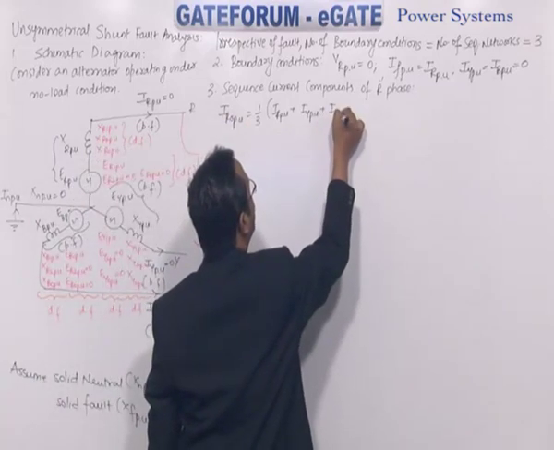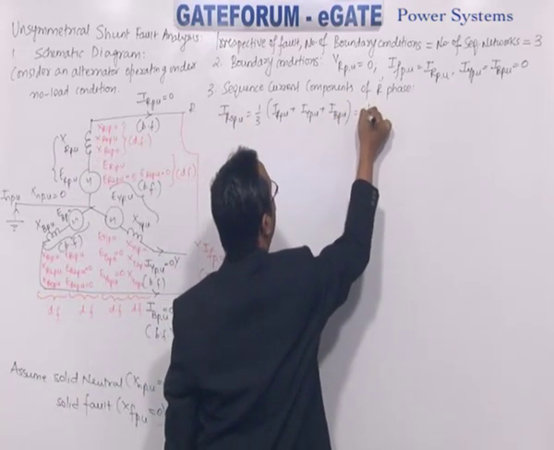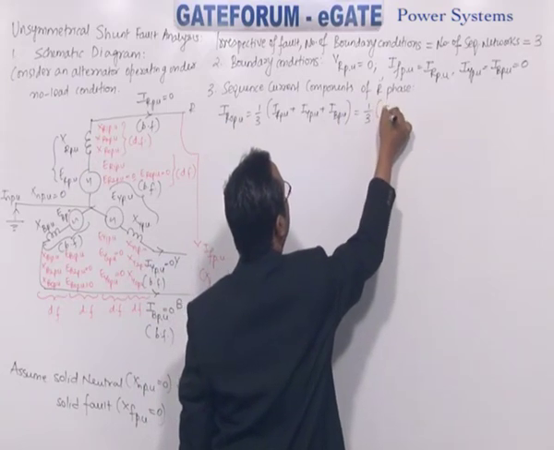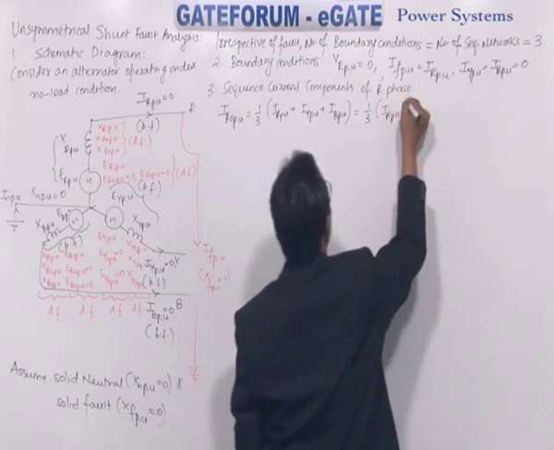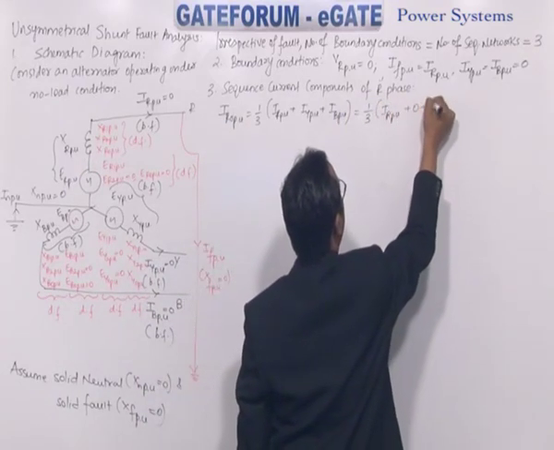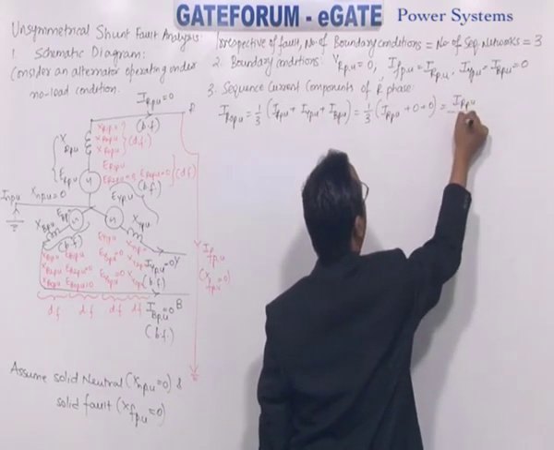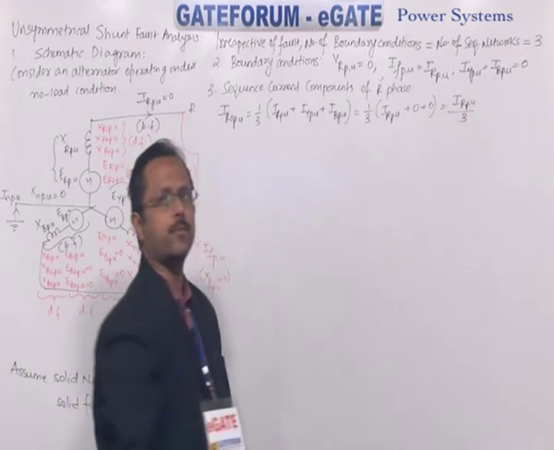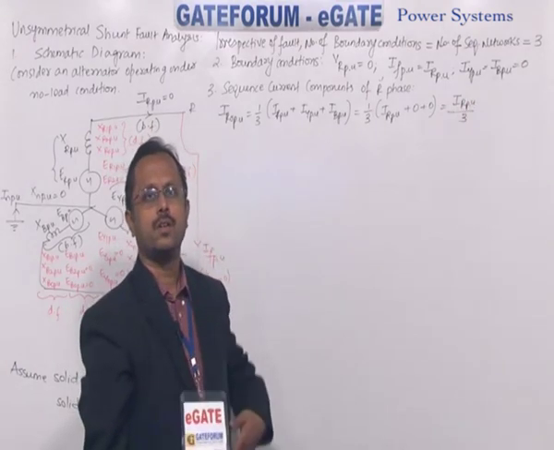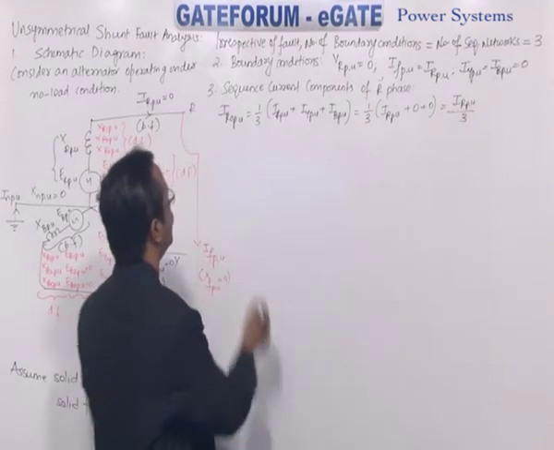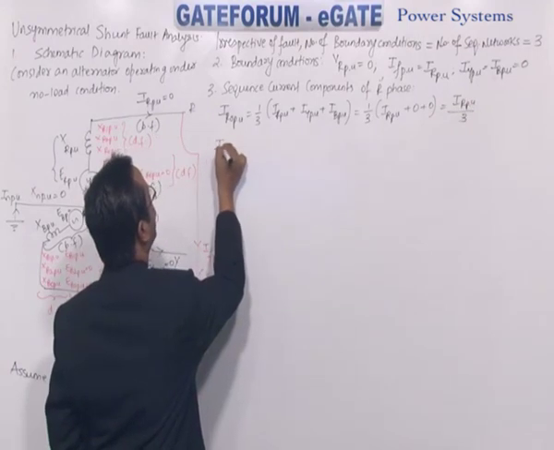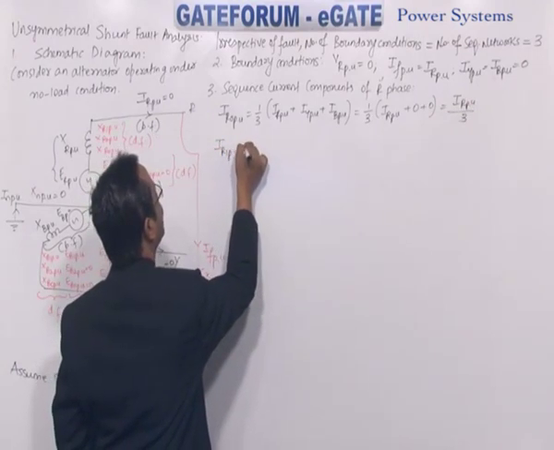Among these three, you know that IY is 0, IB is also 0. How much do you get now? IR by 3 per unit. Now find IR1 per unit.